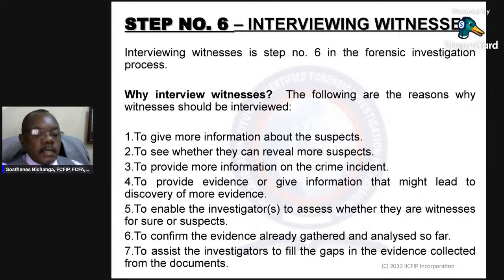Step number 7, interviewing of suspects. And step number 8, forensic external confirmations.